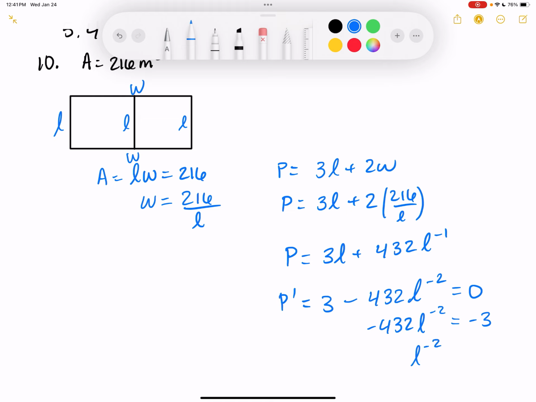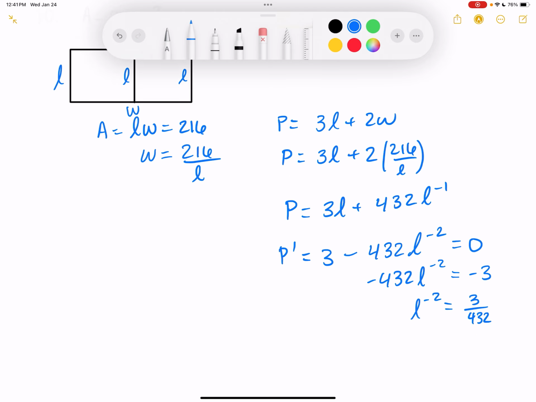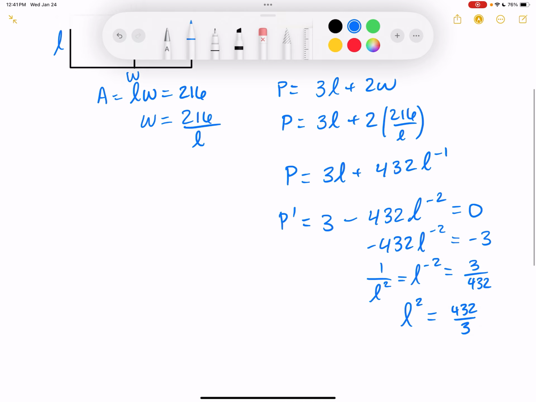So L to the negative 2 is equal to 3 over 432. The negatives cancel. Now, this is L to the negative 2, right? Which means 1 over L squared. So since I have that on the bottom, I can flip both fractions over. So I'm going to end up with L squared is equal to 432 divided by 3, which is a lot nicer to work with. And then square root. So L is equal to the square root of 432 over 3.